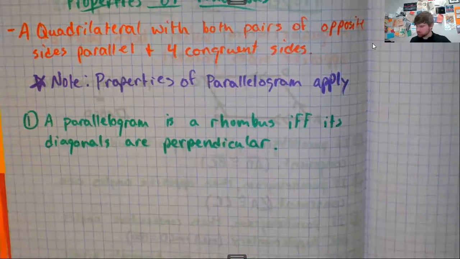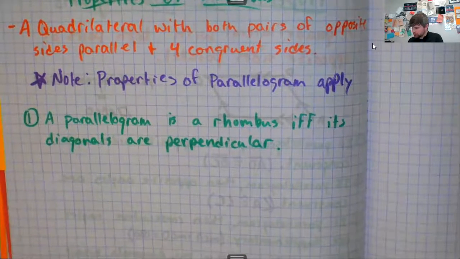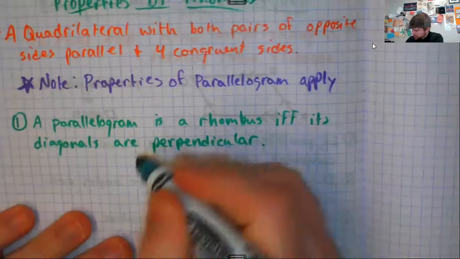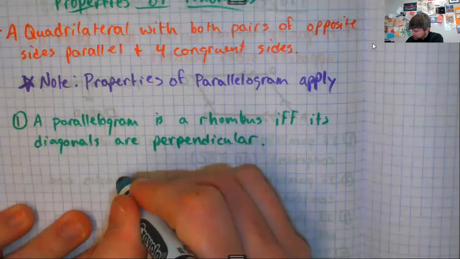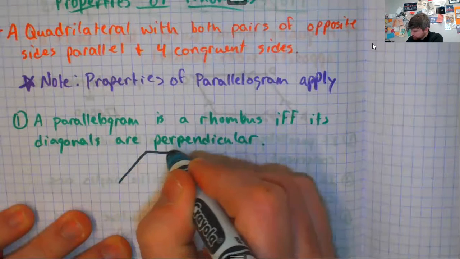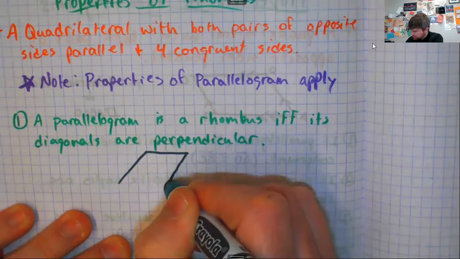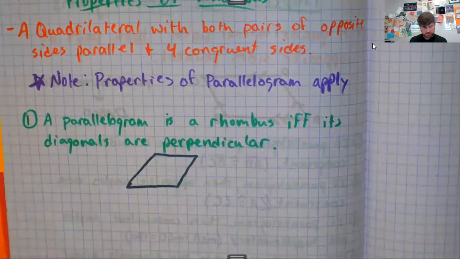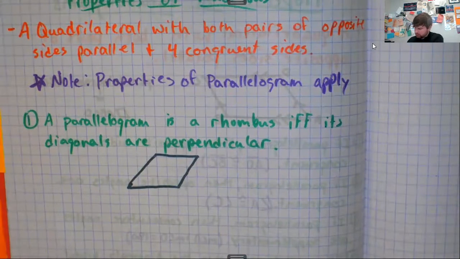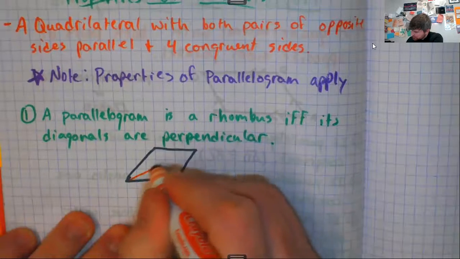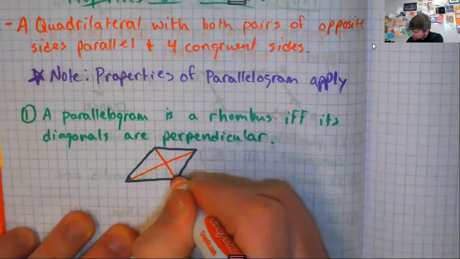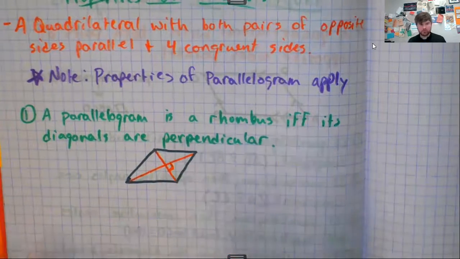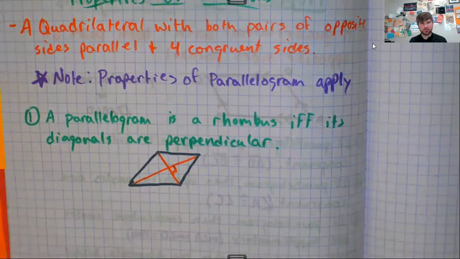Okay, and a picture of what that might look like. Let's say I've got this rhombus here. All sides are the same. Okay, so I try to make all sides the same there. And my diagonals here and here are perpendicular, which means they meet there at a 90-degree angle.